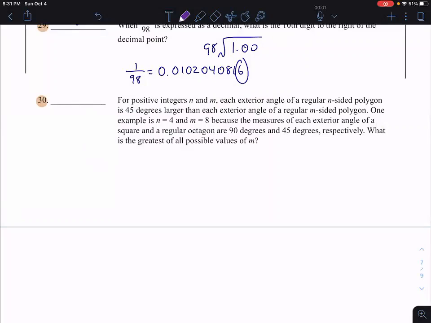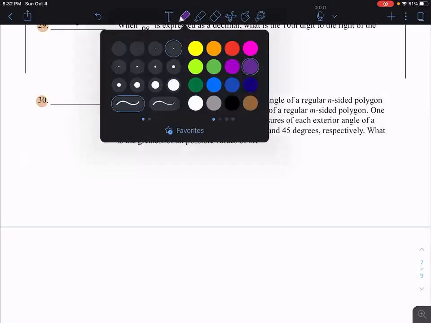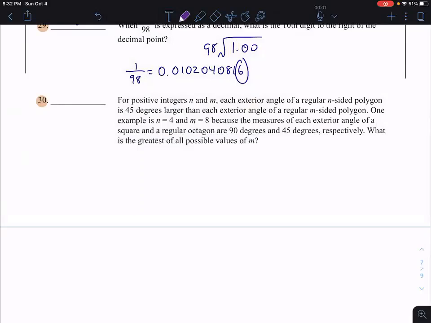Okay, we want to find the greatest possible value of m. So first of all, the external angle of a regular n-sided polygon is 360 divided by n.